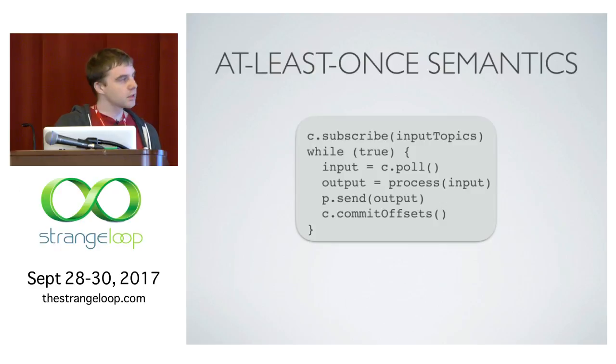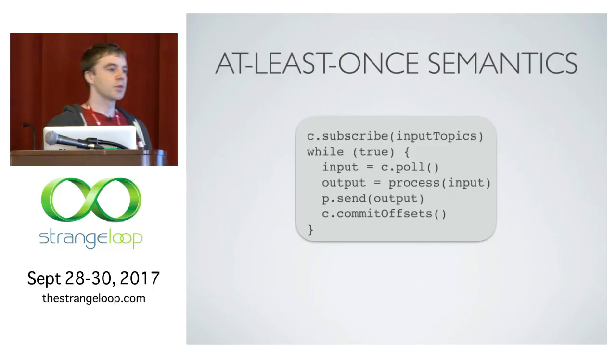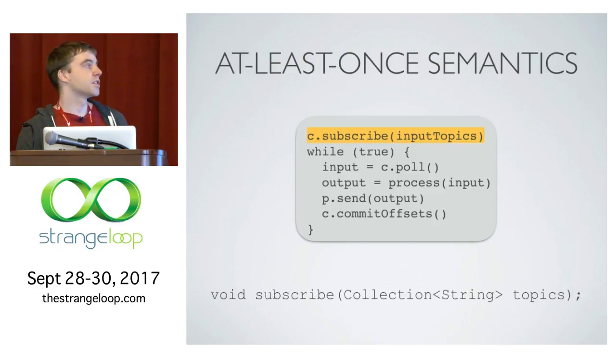So let's go into this at least once semantics a little bit. This is some pseudocode which should give you an idea of how the consumer and the producer will work together. It's not actual code, but let's just walk through it really quick. We have a subscribe API, which is where you express interest in the topics that you want to consume.